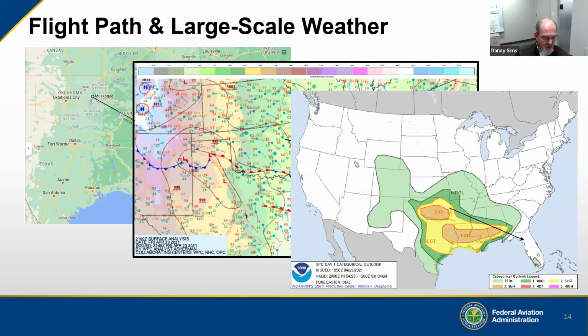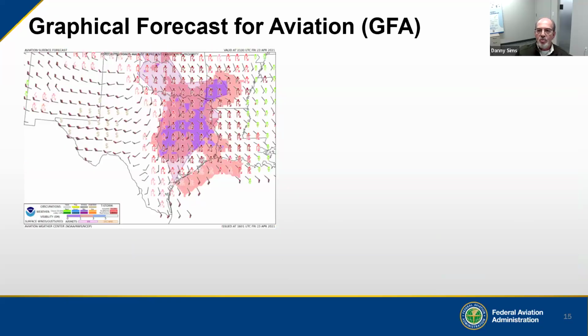Let's dive in and look at some more information. And what is it that we can look at? Well, if we go to aviationweather.gov, which is maintained by the Aviation Weather Center, we can look at the graphical forecast for aviation. Here's the forecast that was valid at 1600 local, 2100 UTC, just a little bit before takeoff.